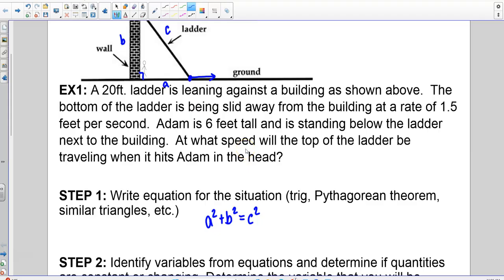So is a rate of what? D what dt here? dA dt we already knew. That's how fast A is getting bigger, right? dB dt is going to be the velocity of the ladder. Since they said speed, we want to make sure we give a positive answer for that.